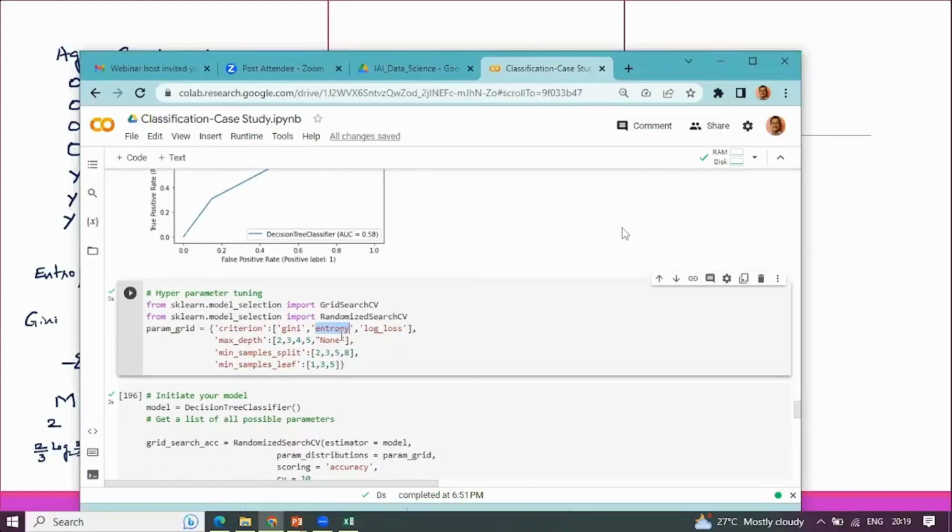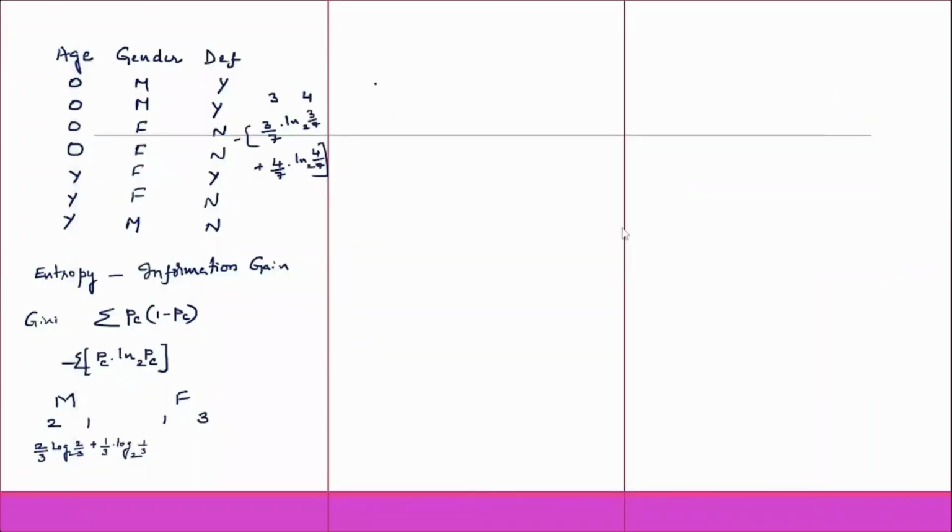For the classification models, the error is based on yi times log yi cap, so it is basically the log loss function we have used. So we say yi times log yi cap plus 1 minus yi times log of 1 minus yi cap.